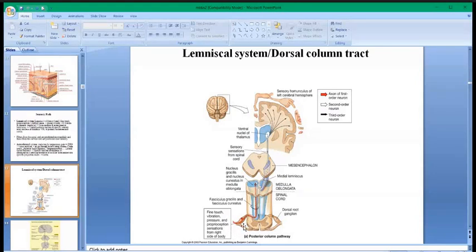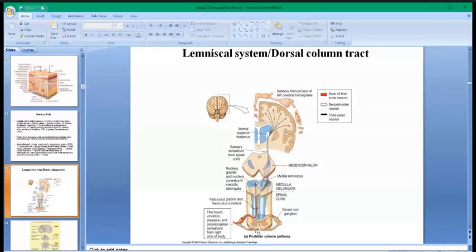You follow this, right? So you see fine touch, vibration, pressure, proprioception, and right side of the body it goes. So this is the first order neuron. This one is the dorsal root ganglion. Then it enters into the spinal cord. Which portion of the spinal cord?